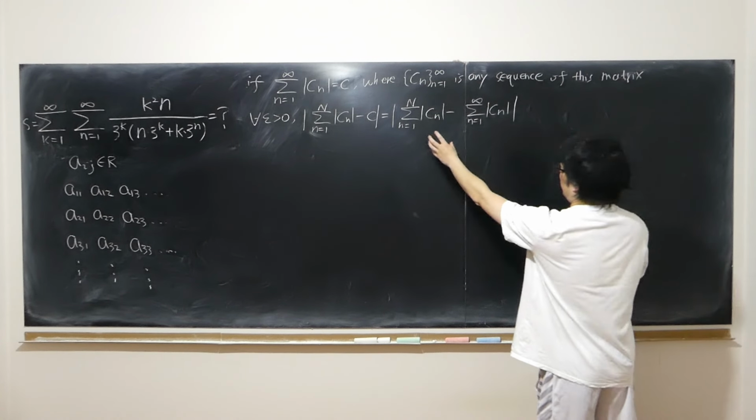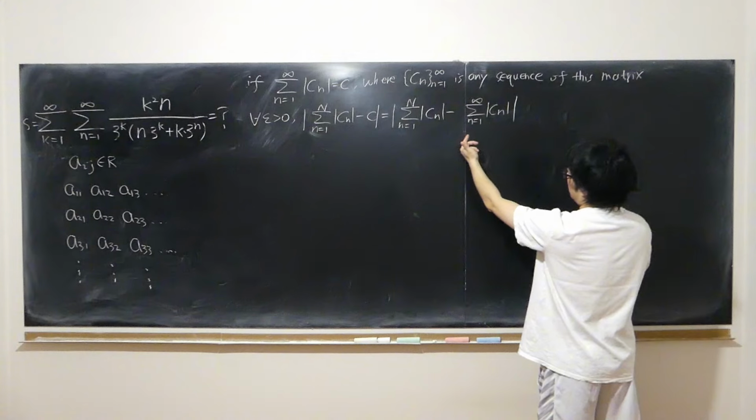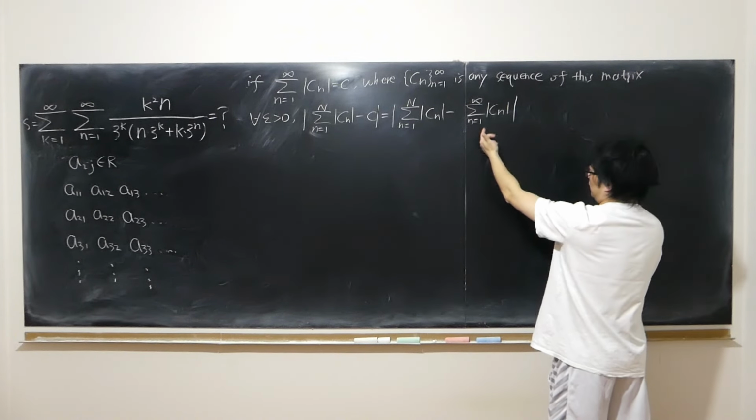So you have this finite sum and that infinite sum, 1 to capital N and 1 to infinity.